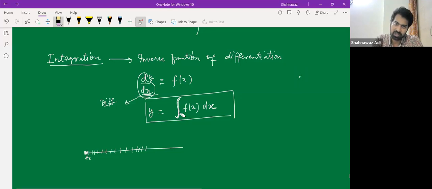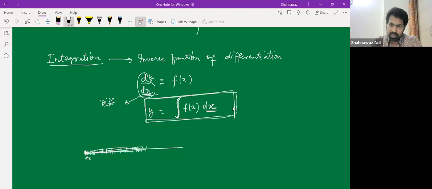So just understand that in differentiation we calculated the small change, and in integration we add all those small changes with respect to x. Is that clear, guys? This is how we define integration.